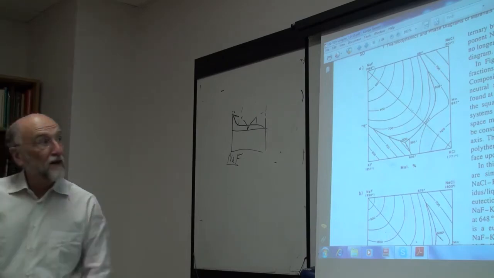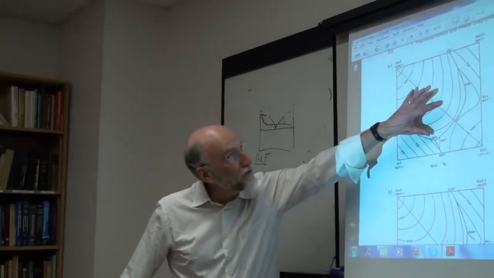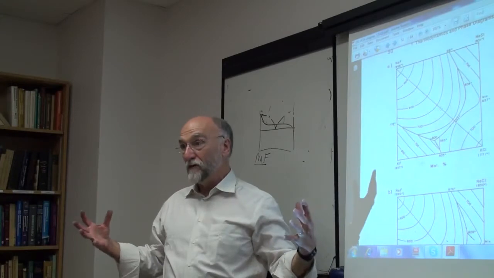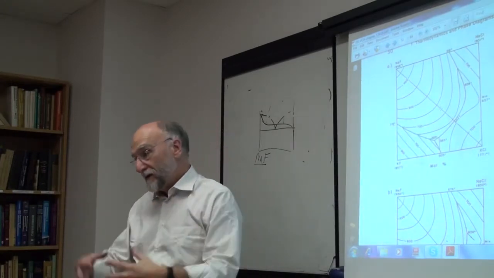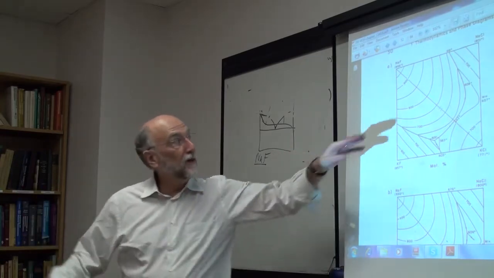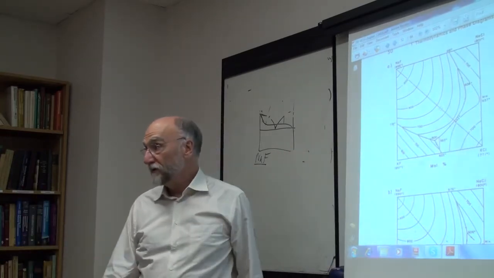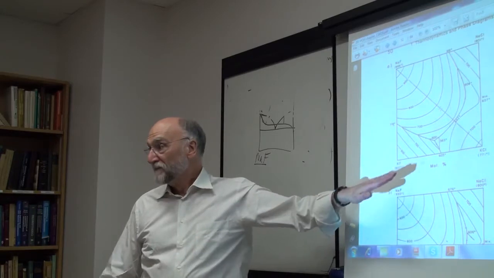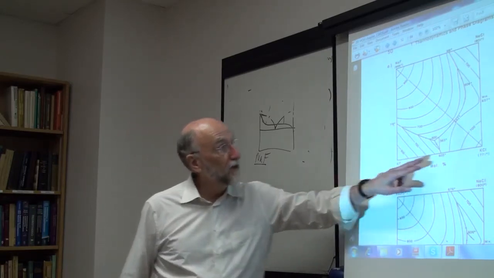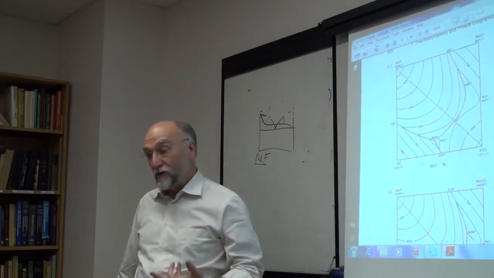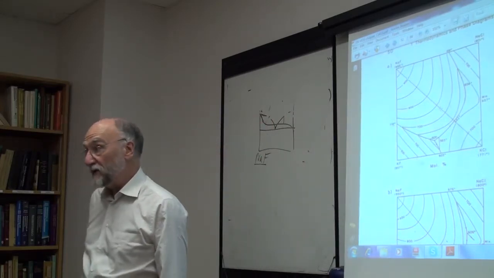Okay, so that's why the unnecessary constraint of ideal mixing gives you too big a miscibility gap, too big positive deviations. If you allow the liquid to have short-range order, then it lowers its Gibbs energy, so you get smaller positive deviations, smaller miscibility gap. Okay, and these first nearest neighbor interactions are strong, even in a system like this, so the short-range order can't be ignored.